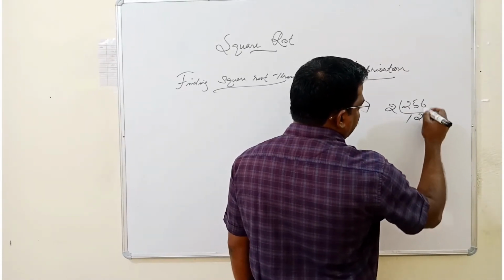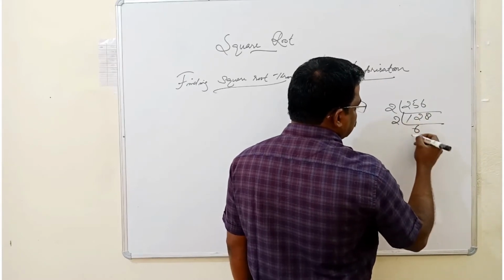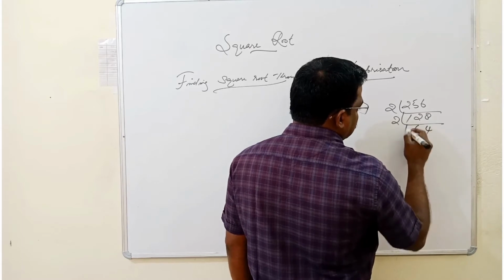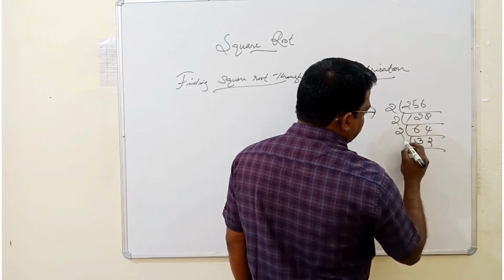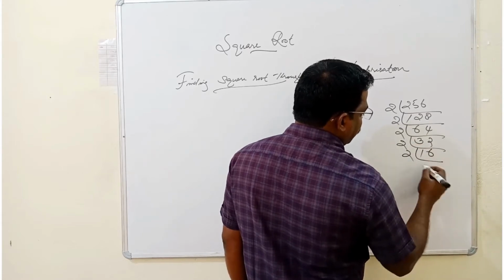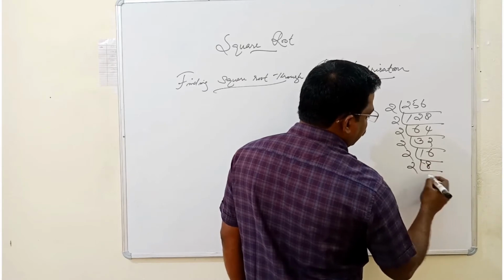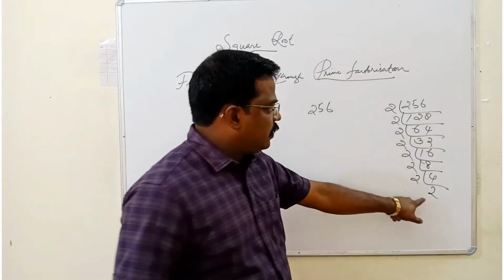1, 2 2s are 4, and 16, 8. Again with 2, 6 2s are 12, 4 2s are, then again 2. Then again 2. 1, 12, 16. Then 2, 8, 2, 4, 2, 2. The smallest number we got.